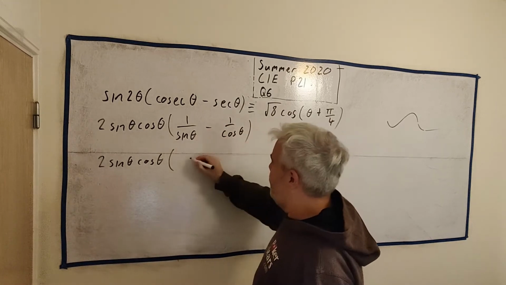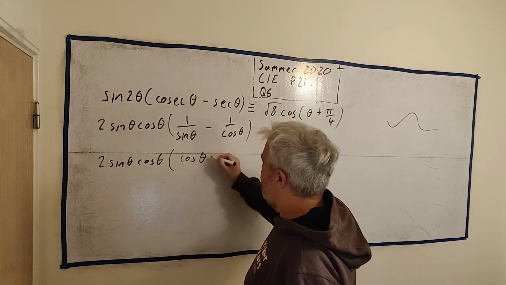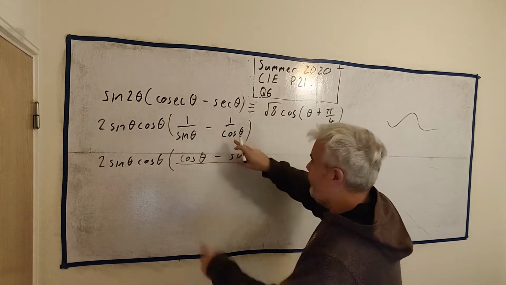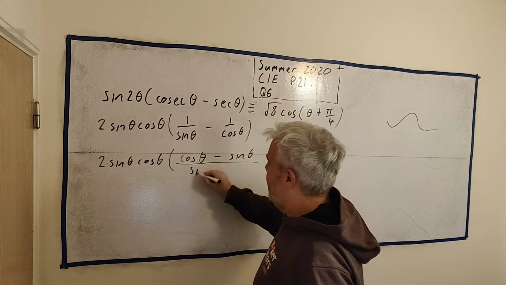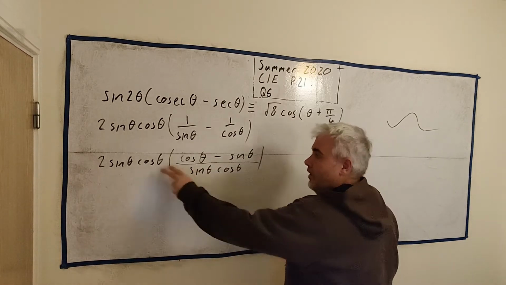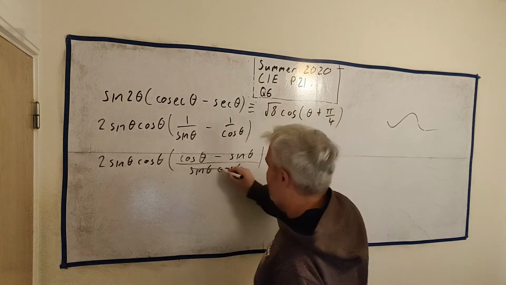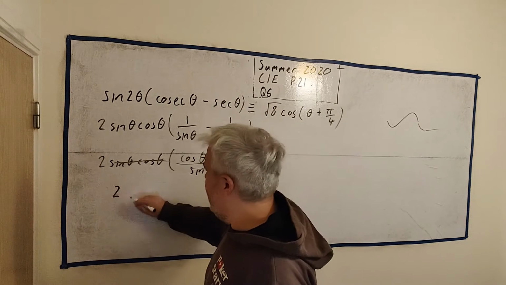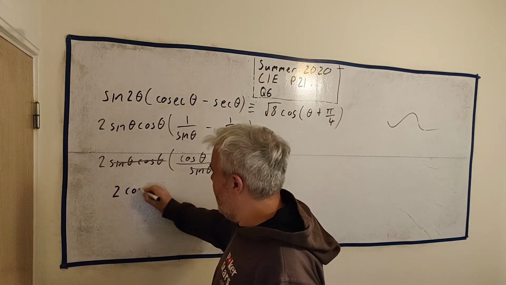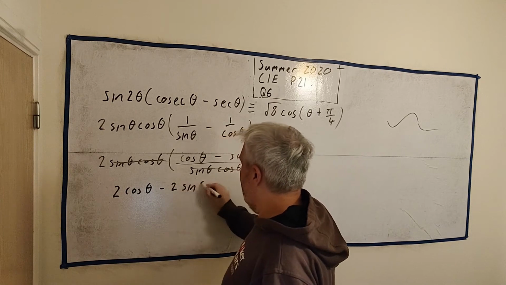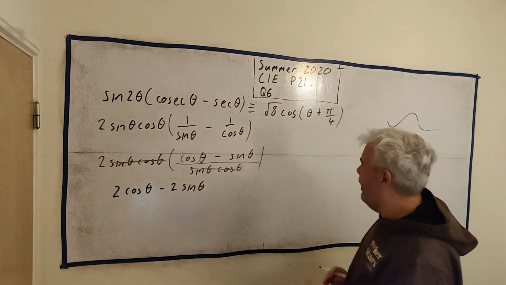If we cross multiply this, we get cosine theta minus sine theta, all divided by the two bottom rows multiplied, sine theta cosine theta. And that's good because that's the same as this, so we can just cancel it. So the left hand side has now come down to 2 multiplied by cosine theta minus 2 multiplied by sine theta. So we've got it quite simple, the left.